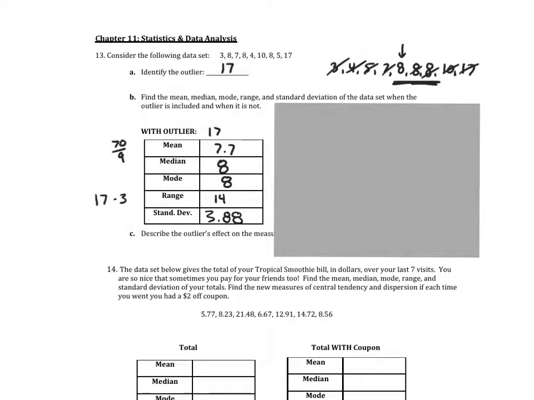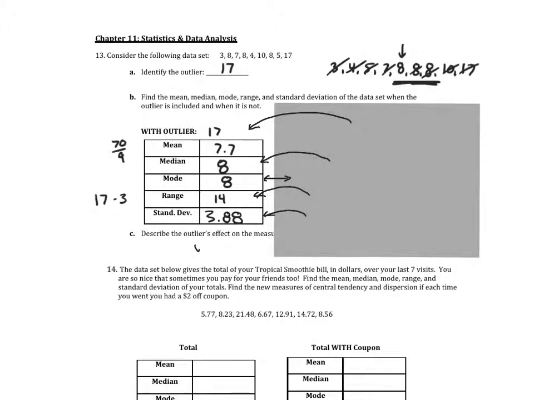All right, then it says that we need to describe the outlier's effect on the measure of central tendency and dispersion. So when we added the outlier in, you can see that all our numbers with the outlier go up, increase, except the mode stays the same.